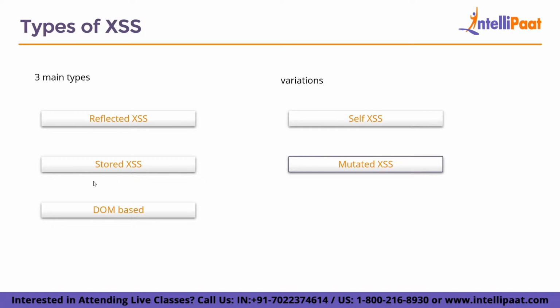The next variation we have is mutated XSS. Mutated XSS happens when the attacker injects something that is seemingly safe, but it is rewritten and modified by the browser while parsing the markup, that is, while decoding the HTML document. This makes it extremely hard to detect or sanitize within the website's application logic. So whenever you pass a mutated XSS script, it is almost impossible to sanitize it.